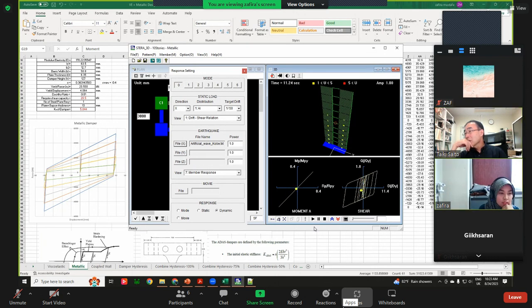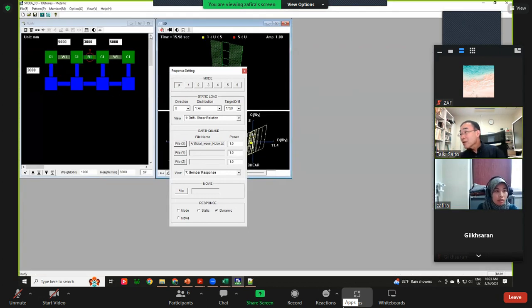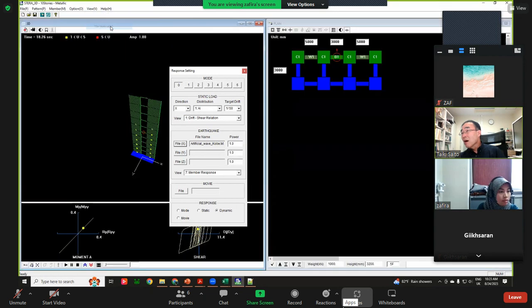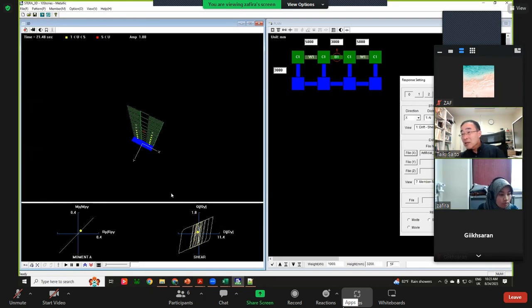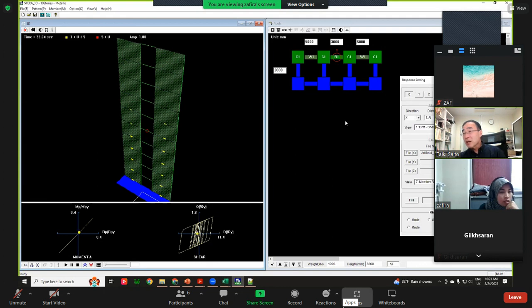Oh, okay. Could you magnify the picture? I cannot see the color. So it's yielding, but there is no mark on the screen. Could you magnify this frame, the upper picture? There is no mark here.